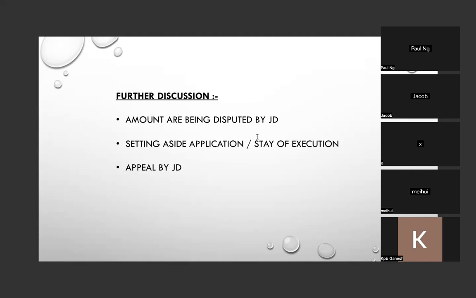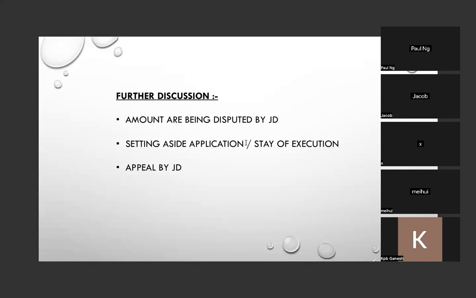I don't think it's applicable in our question, okay, but just a further discussion, okay. So if let's say the JD is disputing the amount itself, in what situation? It will be in a situation where it is not a final judgment. It is a judgment in default being obtained. Okay. So the judgment debtor can actually dispute the amount itself.